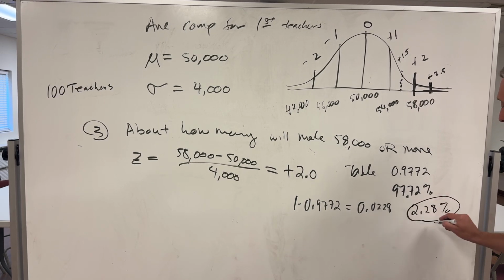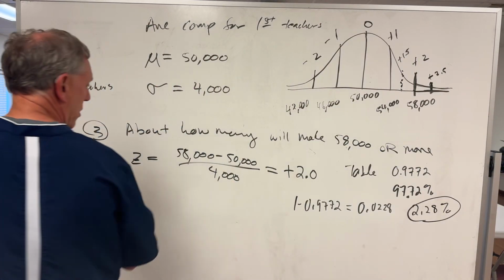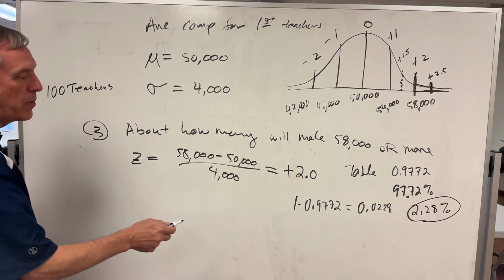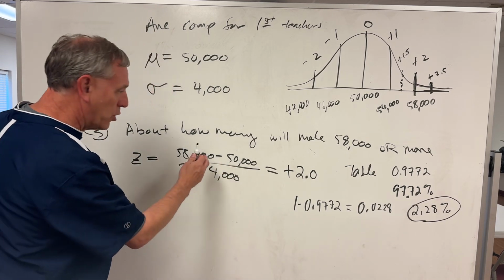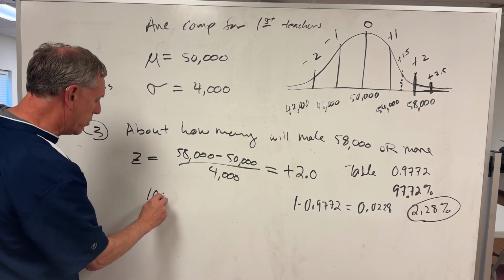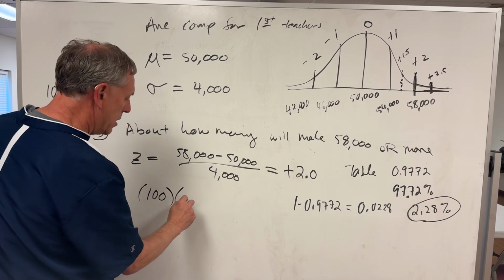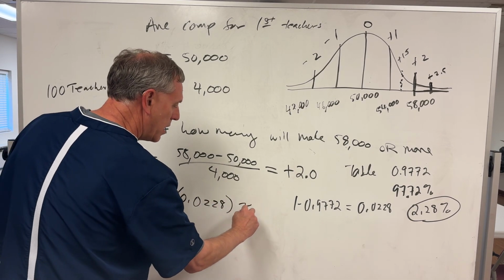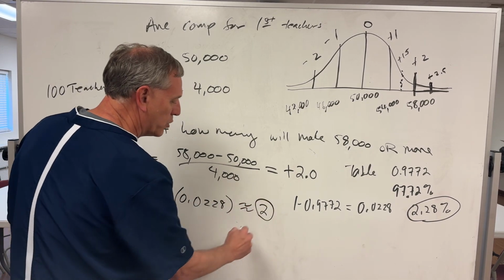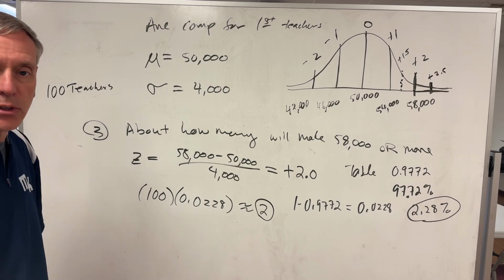So there's our percentage, but we're asked, if we hire 100 teachers, about how many of these new teachers would we expect to make 58,000 or more? We're going to take 100 times 0.0228, and the answer is about 2 of those teachers will make above 58,000.